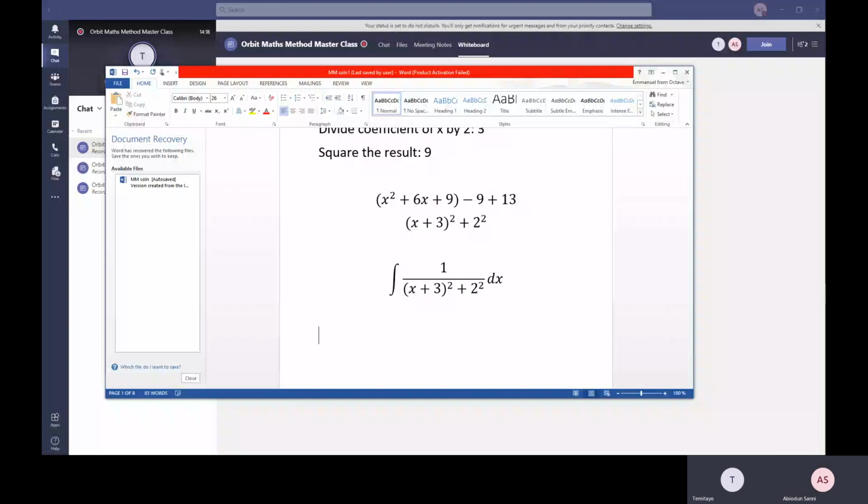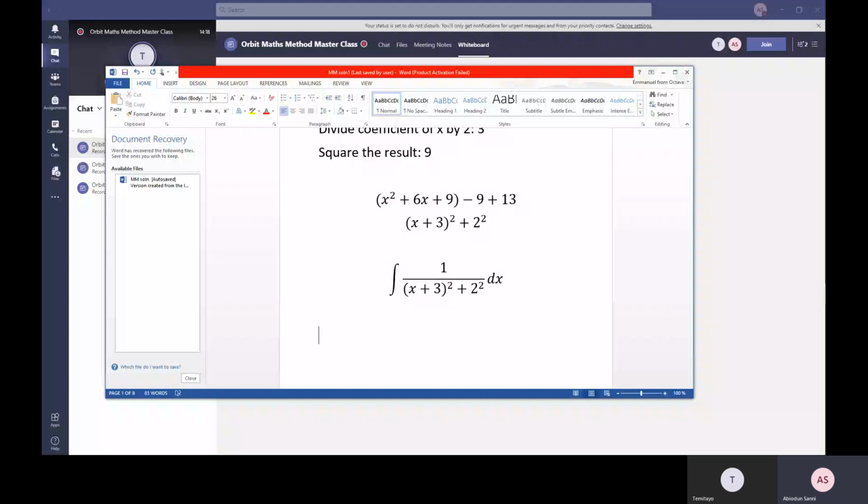So I have pi over 2 here, I have 0 here. So let me just put pi. Now find the symbol for pi.